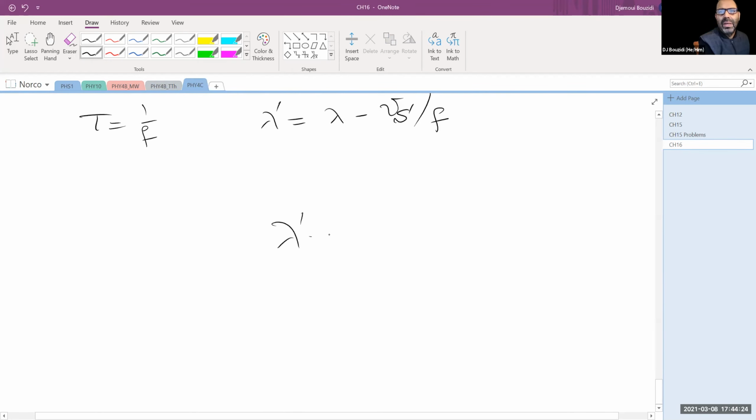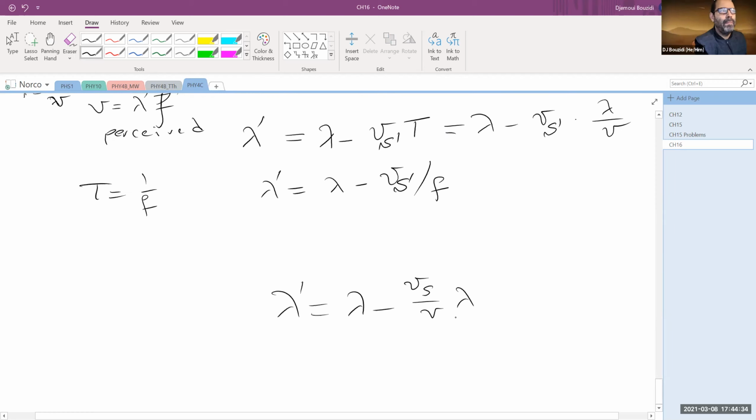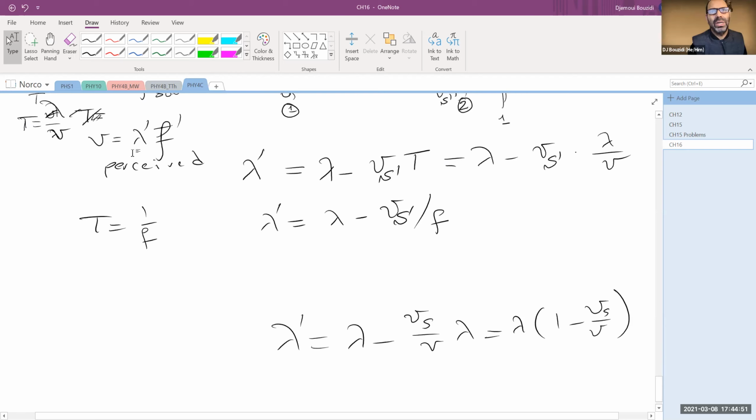So lambda prime is equal to lambda minus v of the source over v times lambda. Get lambda out as a common factor. The way I look at it is how the source is moving with respect to the speed of sound. Again, the dispersion law works in this case through this expression.